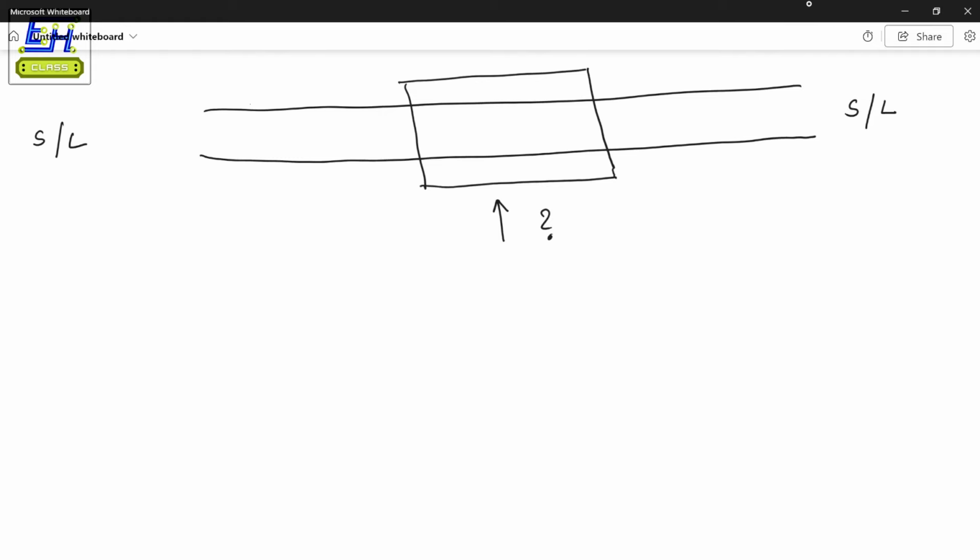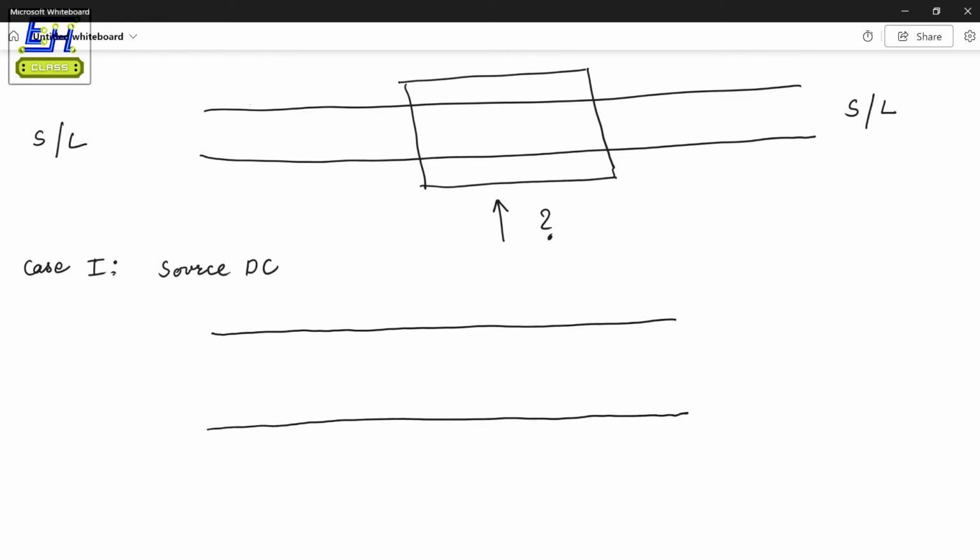If we consider case one, if the source is DC, we can simply use what we know, that across the transmission line, there is voltage drop. So let's say that we have one voltage probe here, that is VA, and another voltage probe here, VB.